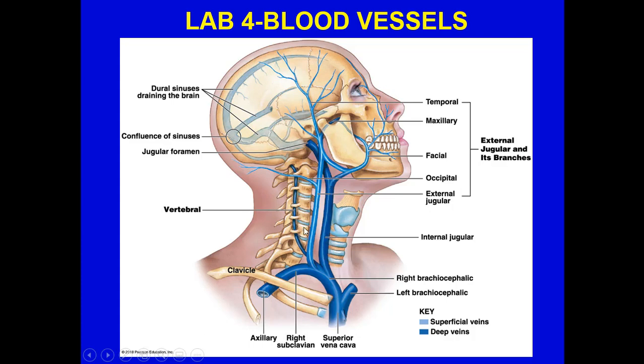So you've got the external, which empties right into the right subclavian, and you have the blood following the internal jugular. This is the external jugular, and they all meet together and follow down the right subclavian vein, and of course you've got the opposite on the other side, the left subclavian. This is following down the superior vena cava, okay? Yes, you need to know temporal, maxillary, facial, occipital, as well as the jugulars, both of them.